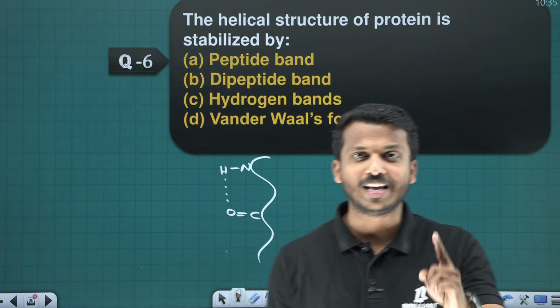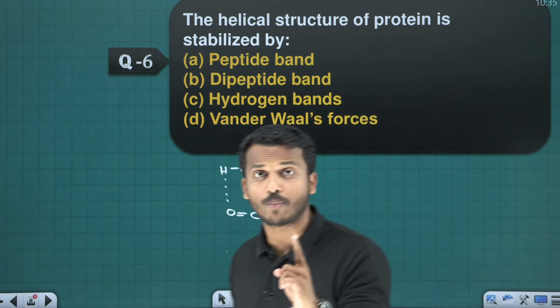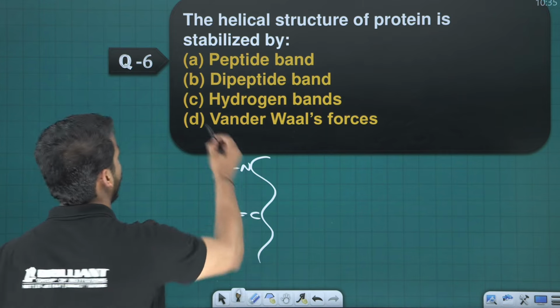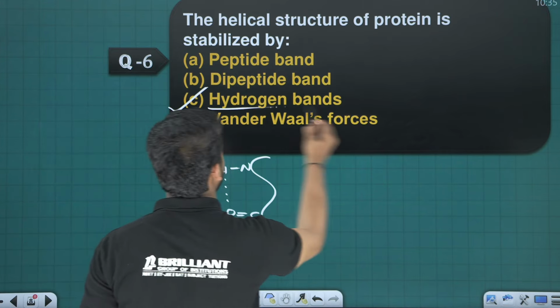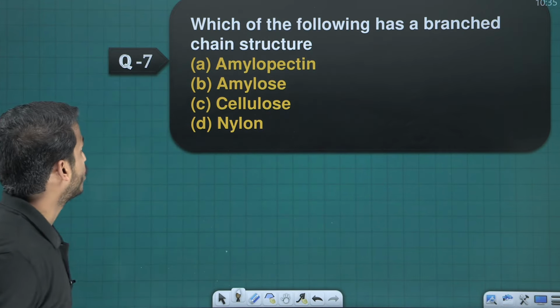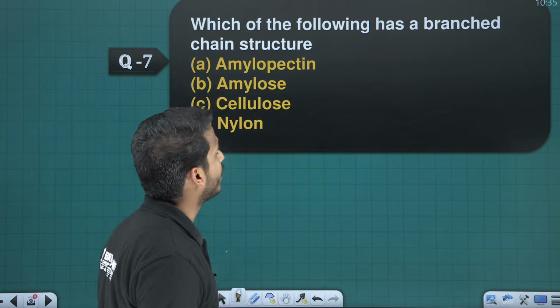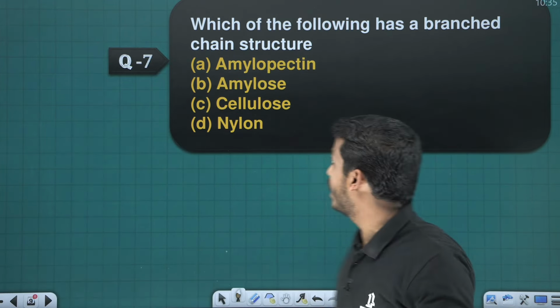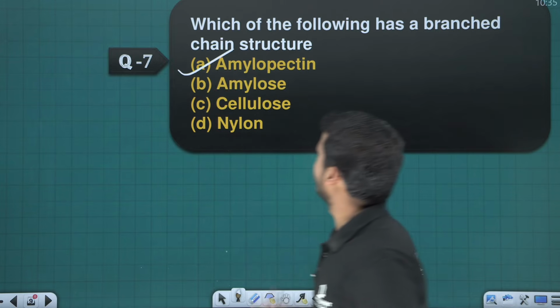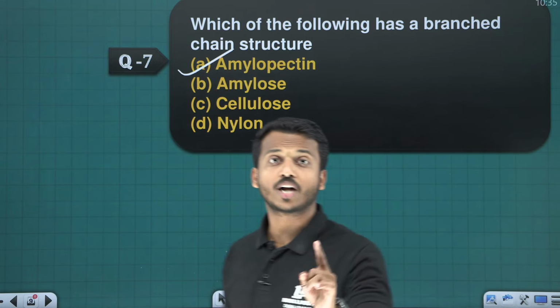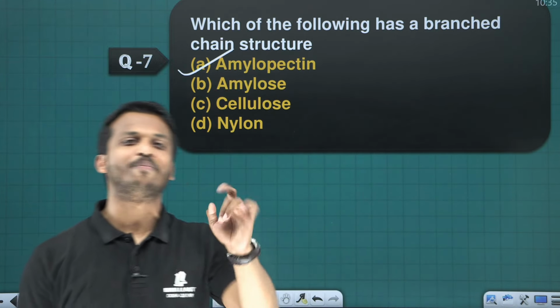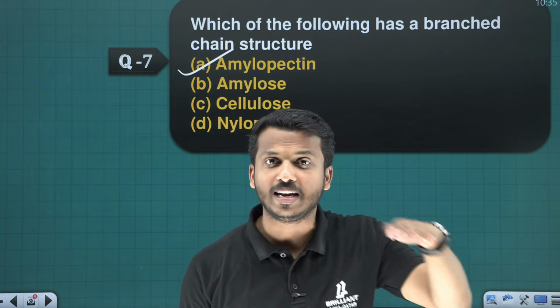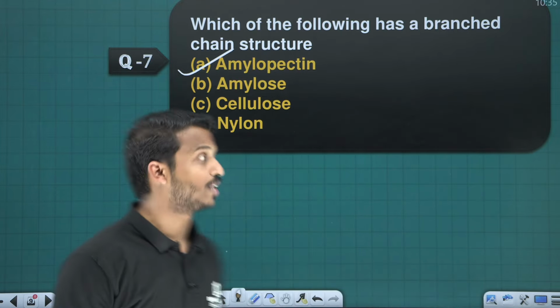The alpha helical structure of protein is stabilized by hydrogen bond, option C. Question number 7. Which of the following has a branched structure? Branched structure we studied in amylopectin. Starch components are amylose and amylopectin. Amylose is linear, whereas amylopectin is branched, right?